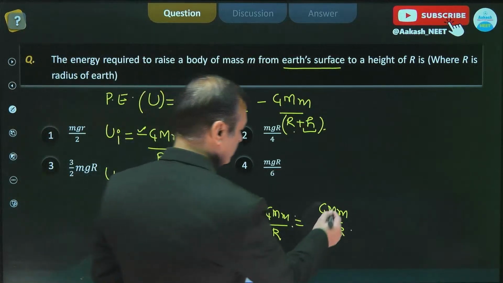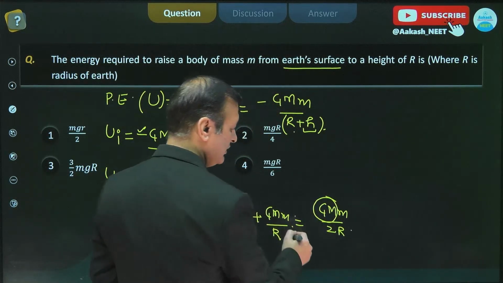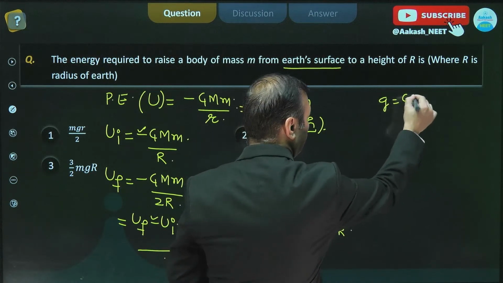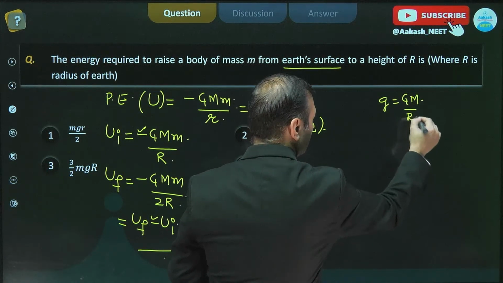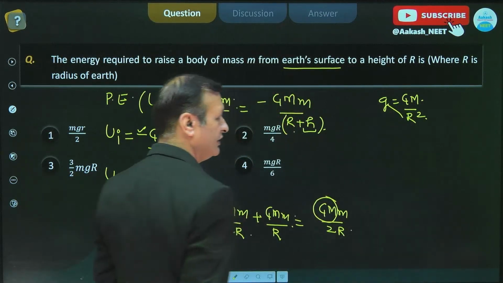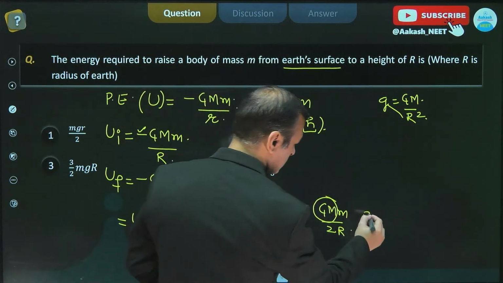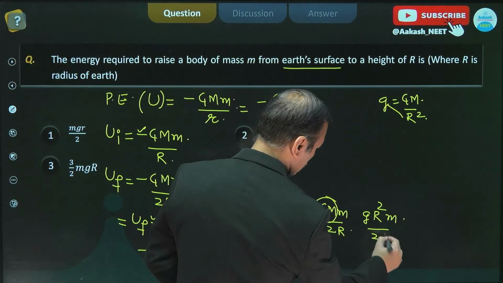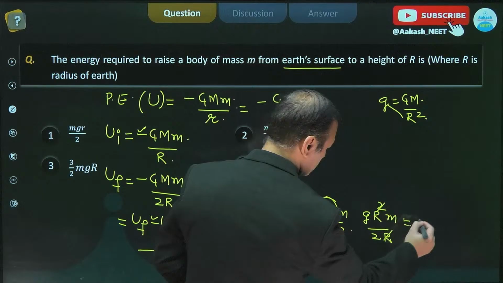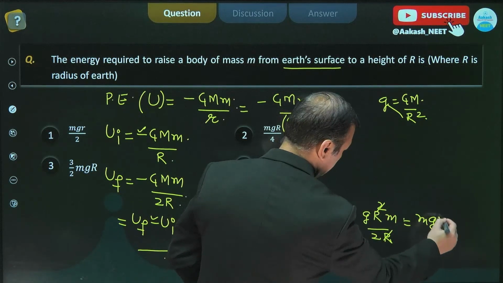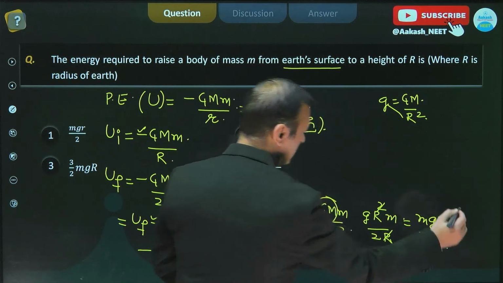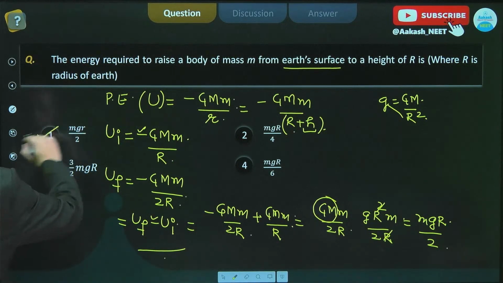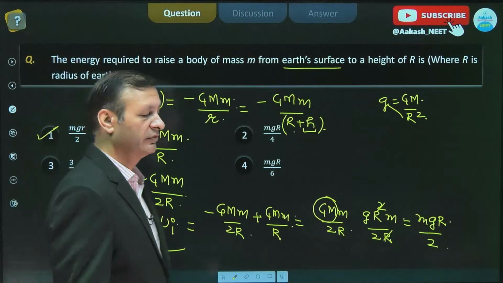And using this expression, because we know g is equal to capital G, capital M by r square, capital G capital M is g r square. So g r square m by 2 times r. So this r goes. So this is mgr by 2. So definitely we'll go with the first option.